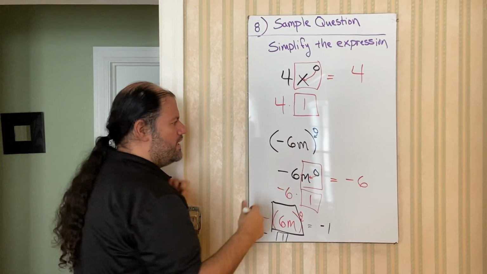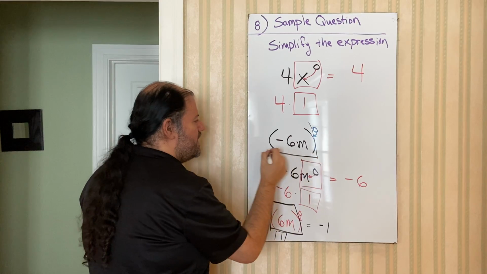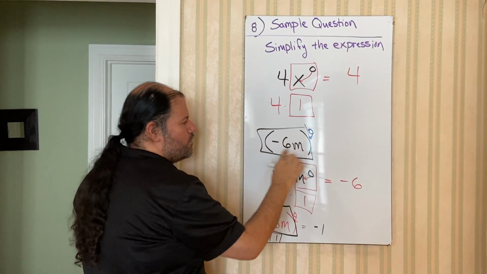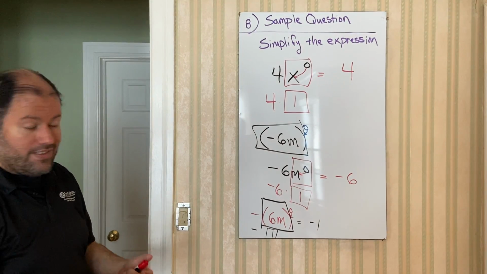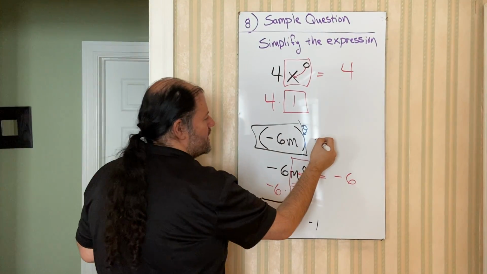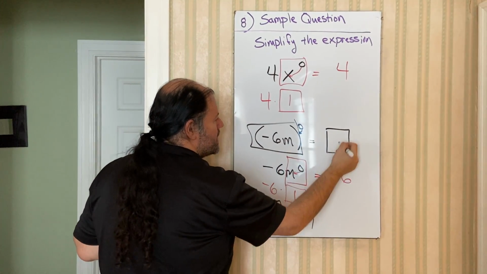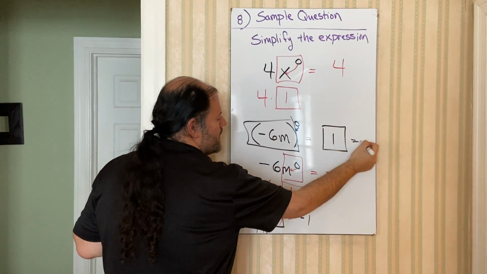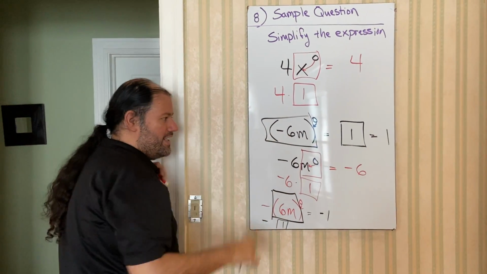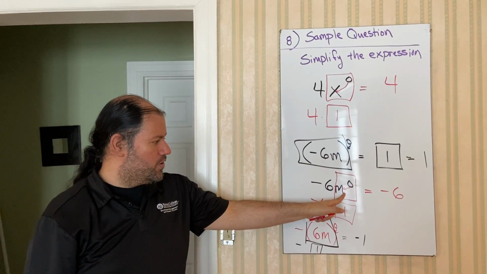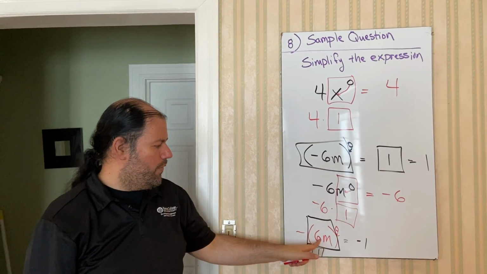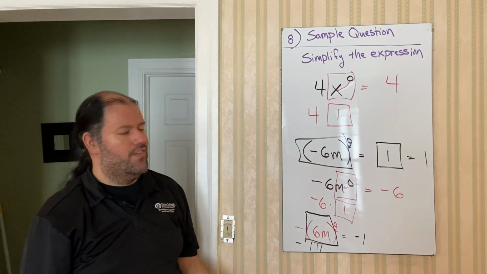When it touches the set of parentheses, then everything in the parentheses is under the spell of 0. Anything raised to the 0 power becomes 1. That means everything in the box becomes 1. So our answer is 1 since there's nothing on the outside. So you really got to pay attention when it comes to just one item or multiple items. Okay? There you go.